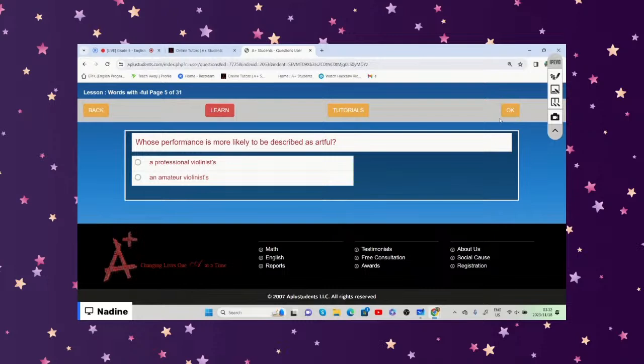And whose performance is more likely to be described as artful? Is it a professional violinist or an amateur violinist? Someone that is more artful, someone whose performance is more likely to be described as artful, beautiful.